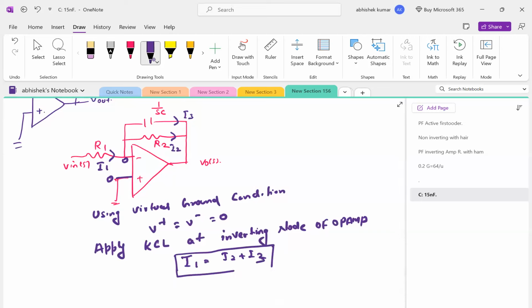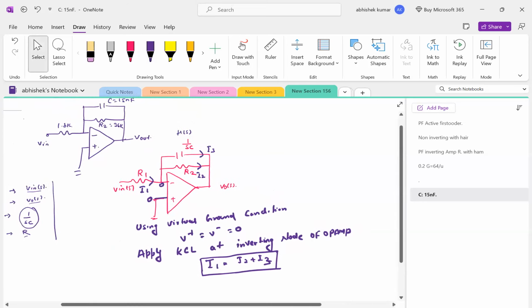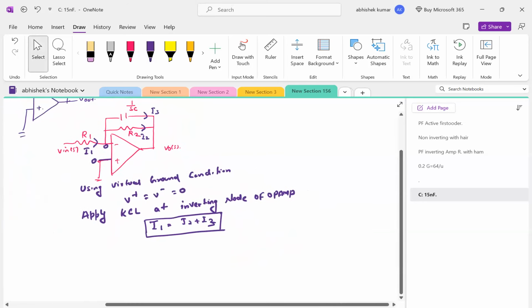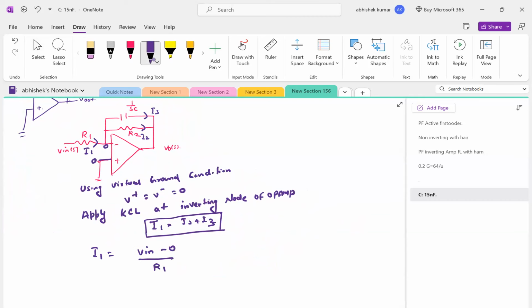Can I say? Yes. Now our agenda is to find I1. I1 is V input minus 0 divided by R1, so V input S by R1.